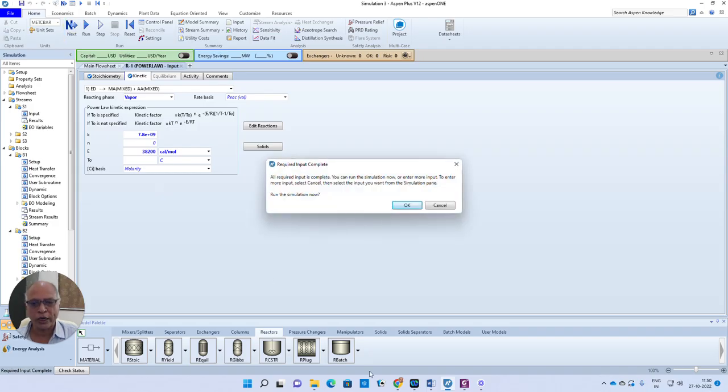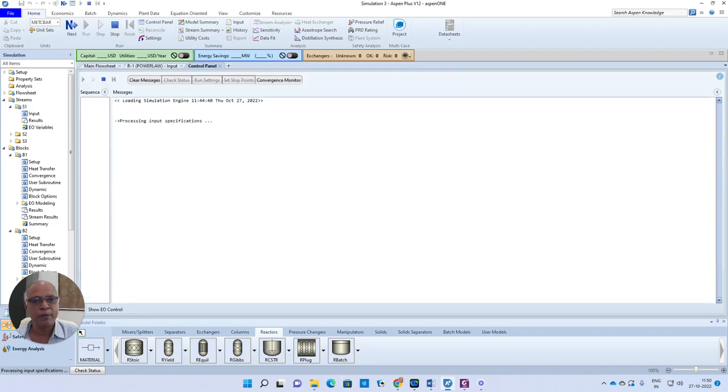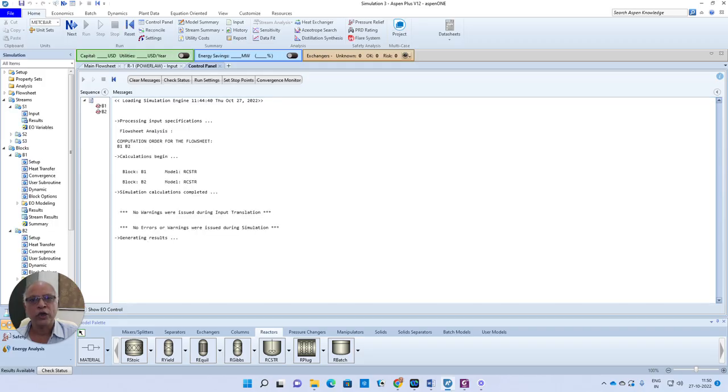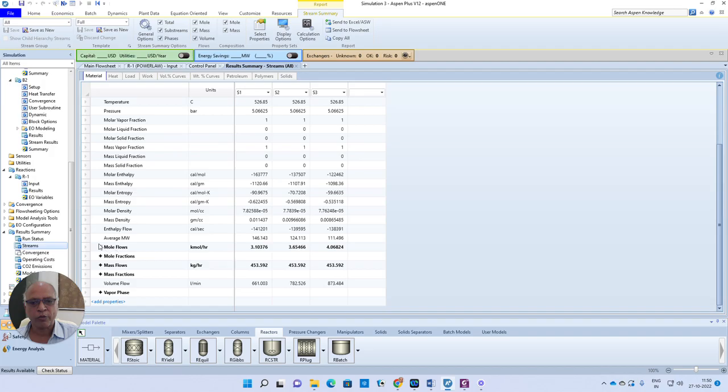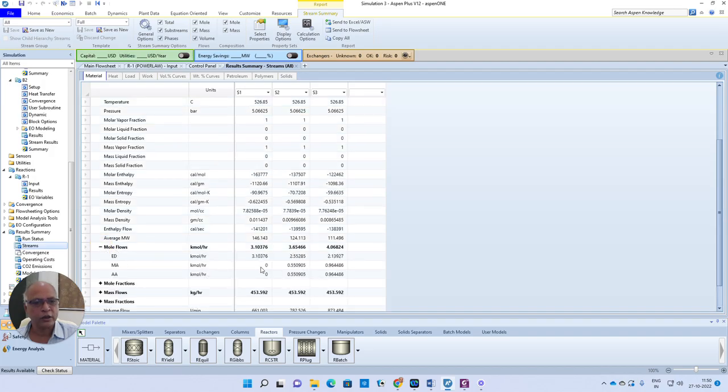So we should be able to run it initially. Now you can look at the stream summary. For example, if you look at this, we have 3.1 kilomoles per hour of the reactant entering. At the end of the first reactor, we got some conversion. And similarly, at the end of the second reactor also, we got some conversion.